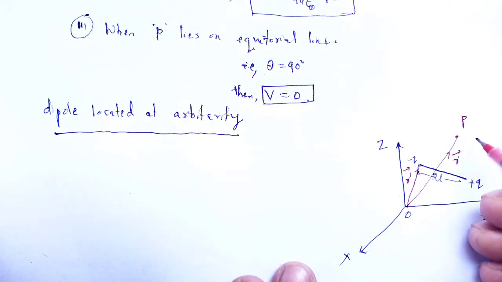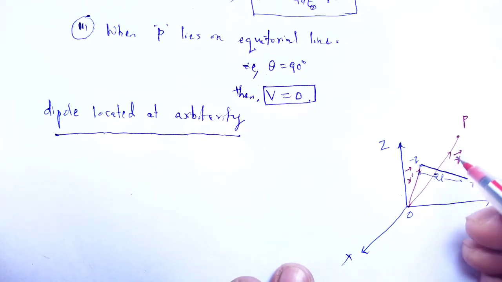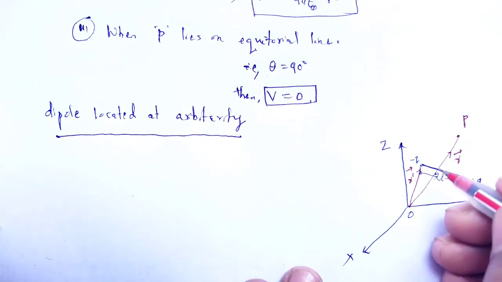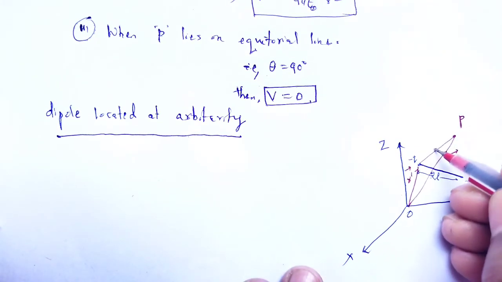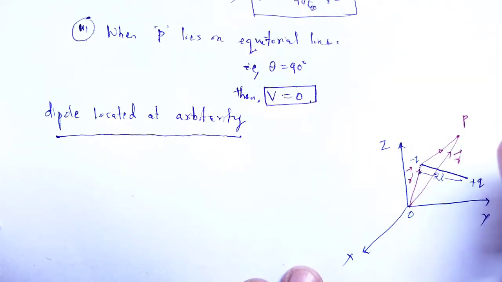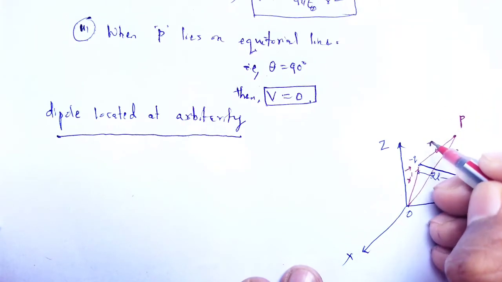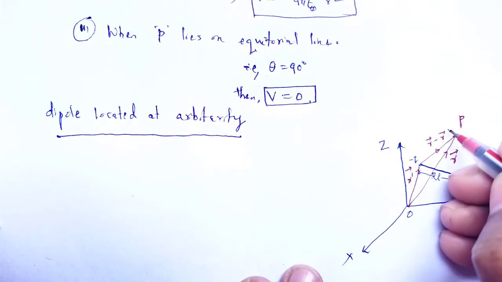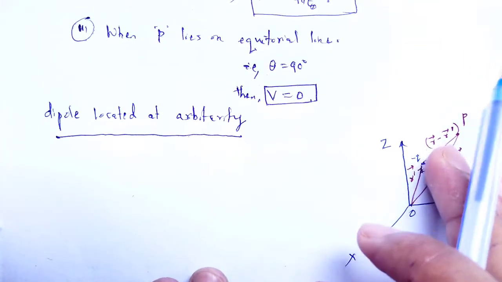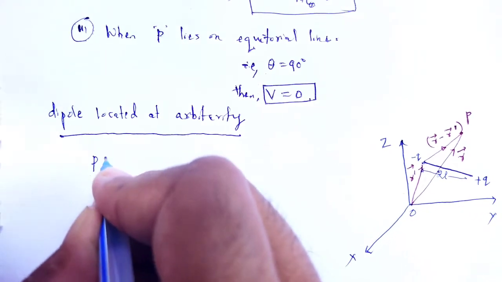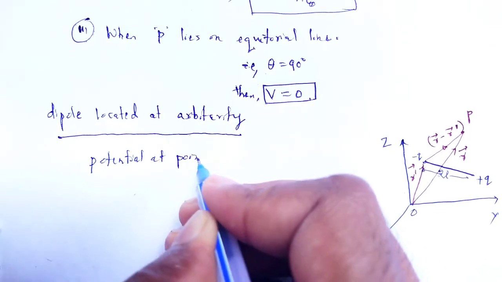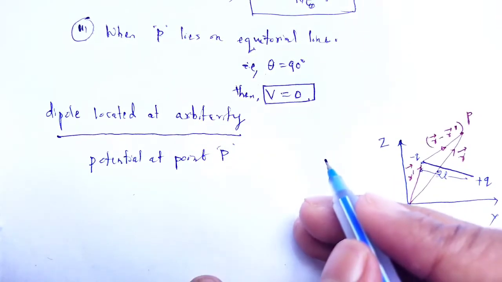Therefore, what will be the potential at point P due to that dipole? Again we join that line and apply the triangle of vector addition. The distance between these two will be r vector minus r dash vector. So here we calculate the potential at point P due to the electric dipole.